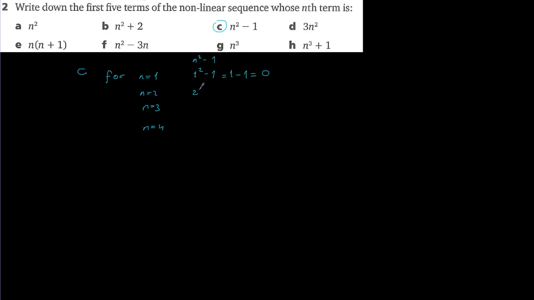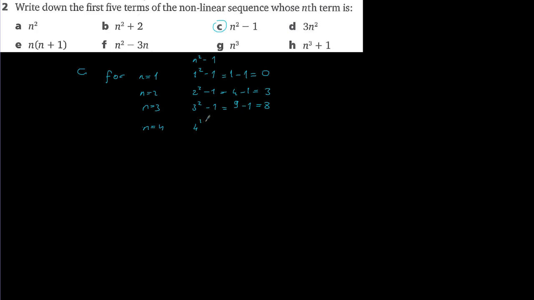For n is equal to 2, this is 2 squared minus 1, which is equal to 4 minus 1, that's equal to 3. Then the next one is 3 squared minus 1. Sorry, 3 squared is 9, so 9 minus 1, which is equal to 8.